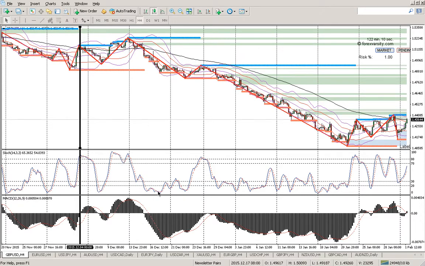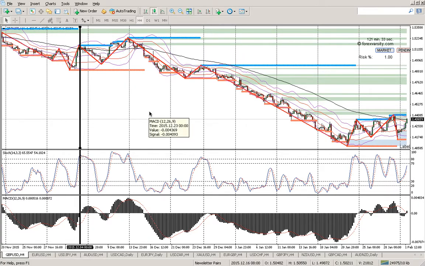Obviously you can compare the histogram bars and differentiate between the length of these bars, and you compare it to this, and you can see that once the bars increase and they get longer and longer and diverge, that means that price is going downtrend now, and it's getting stronger and stronger. Then price is losing a bit of its strength and momentum here, and once it gets longer again, price is getting stronger.